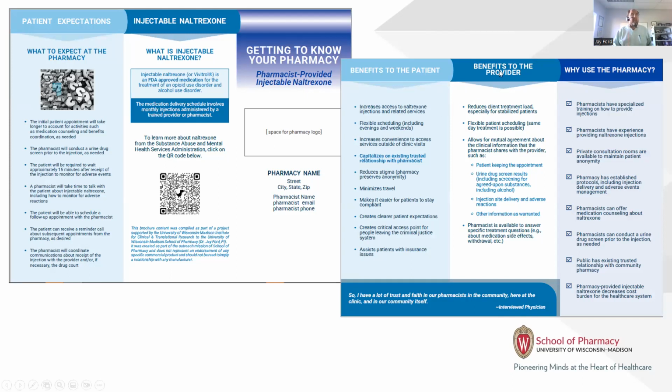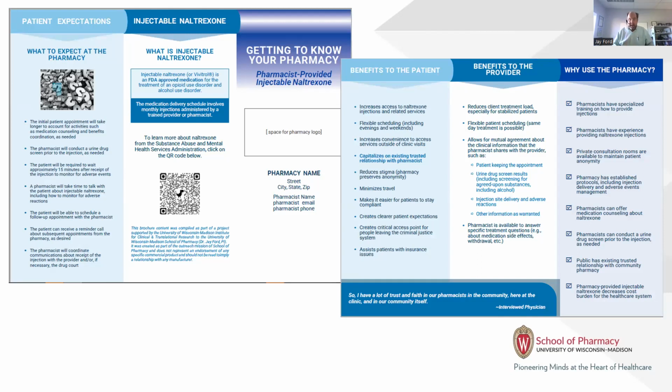What are the benefits to the provider? Why use a pharmacy? What the patient would expect at the pharmacy. And we put this into a marketing brochure that community pharmacists can then use to try to expand their business and to get more physicians and providers to refer patients to the pharmacy.